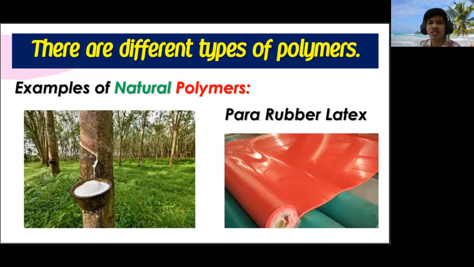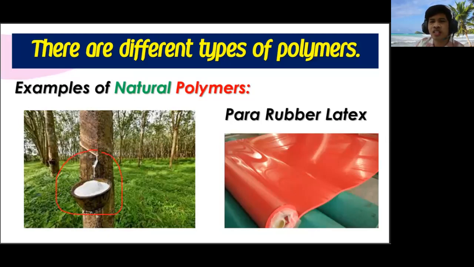So these are also natural polymers because they are derived from inside, from the latex of the tree. And therefore it is not made in the laboratory, so this is a natural polymer.